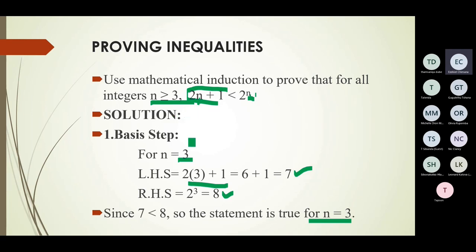So we know that since P of k is true in our basis step, and also P of k plus 1 is true, then we can conclude that this expression given here is true for n greater than or equal to 3. So that's how you formulate your conclusion.